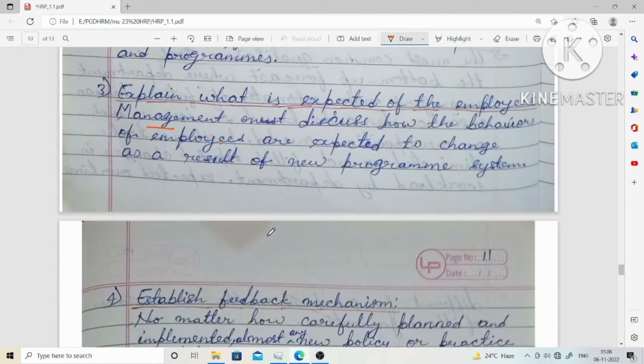Employees should be made aware that behaviors are going to change, and those changes in behavior will improve the organizational ability to do the job.